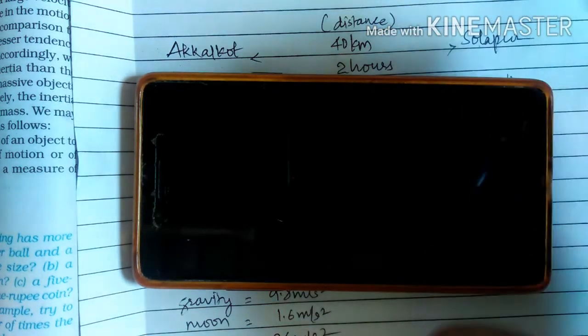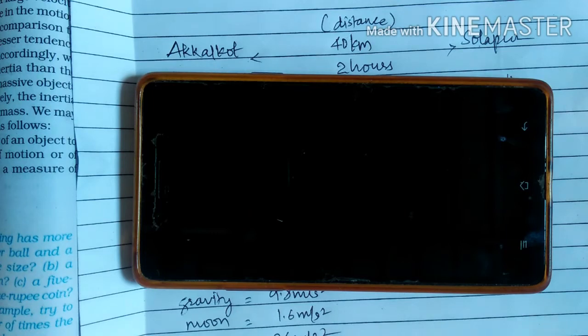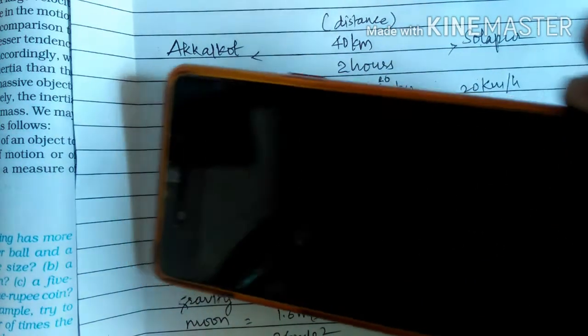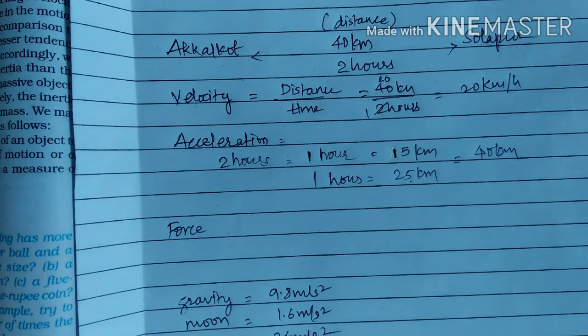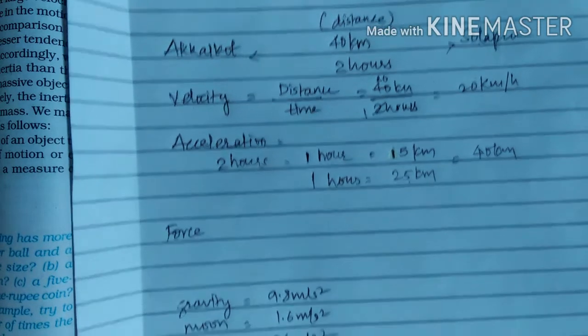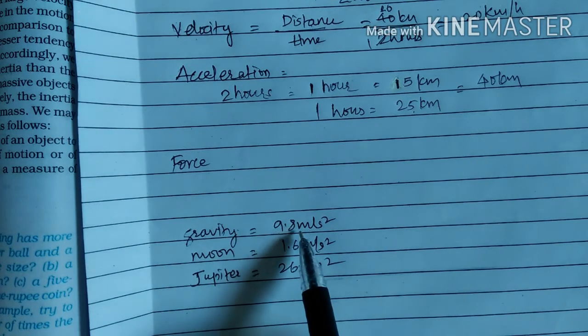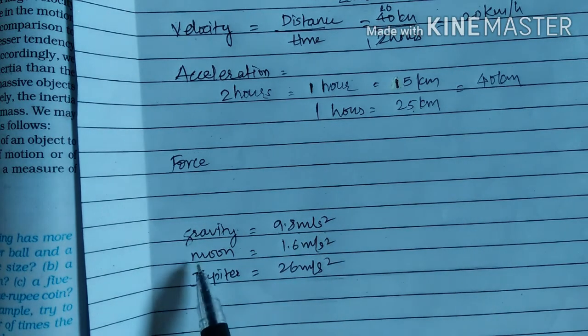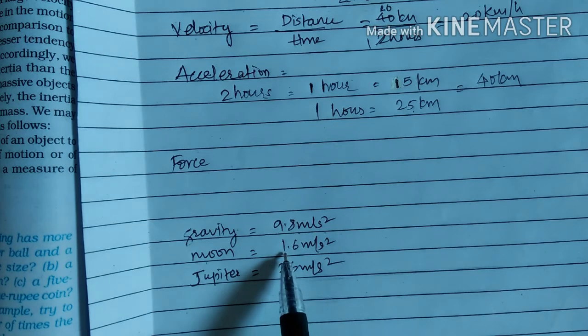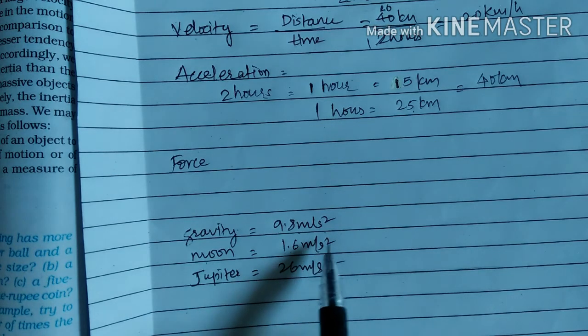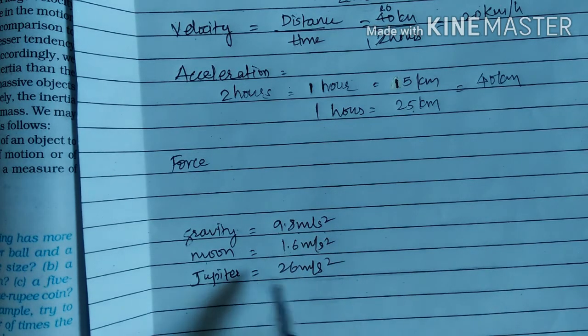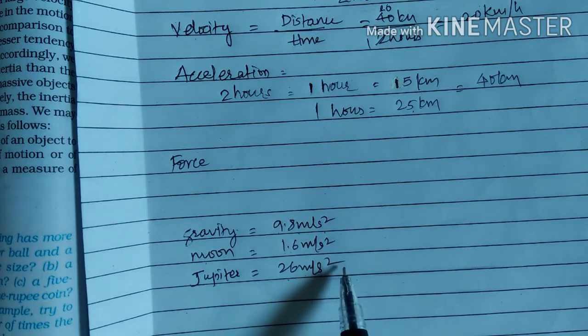It means this is a force. Suppose I am taking the mobile, I have taken it, this is because of force. And you know gravity on the earth is 9.8 meter per second square, on moon 1.6 meter per second square, and on Jupiter 26 meter per second square.